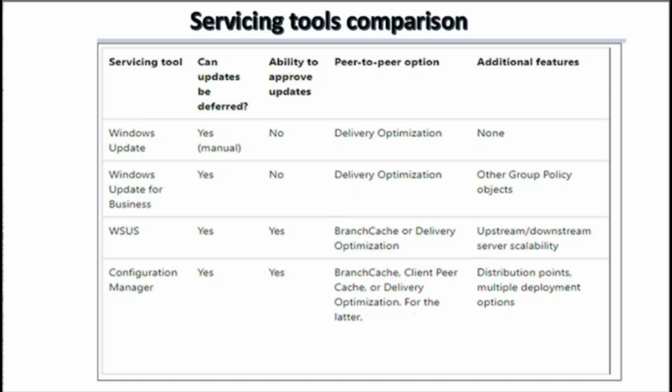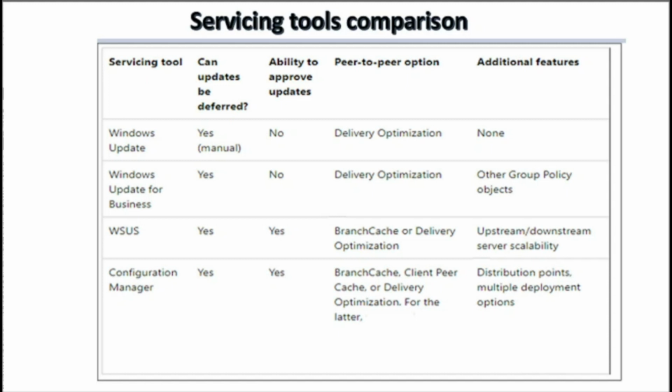Now consider another scenario where the organization wants only the selected and approved updates to be installed on the client machine. In this case, the organization can use WSUS. So WSUS is a Windows Server operating system role. For using this tool, we have to install the WSUS role.